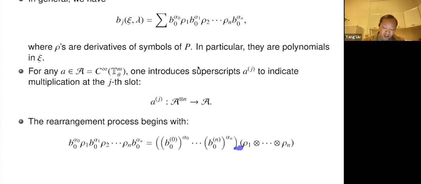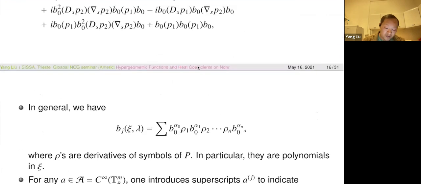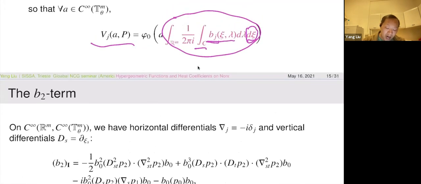Here is the 0 slot from the left, here is the n slot on the right, and there are many other slots in between, indicated by this index J. That's the first step. By using these notations, we can basically factor out all these B0's. The good thing is that the B0's contain all the lambdas and the inverse. That's the hard part, in terms of figuring out what this integration is.